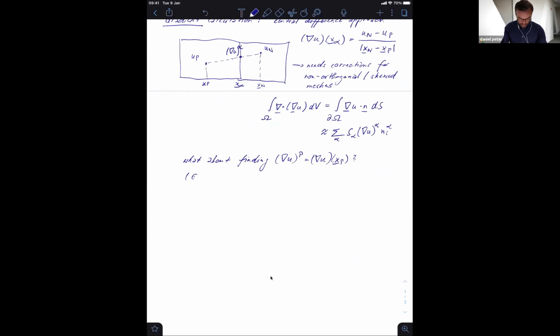It's sometimes called the Green or Gauss approach for the gradient, and it would look like that.